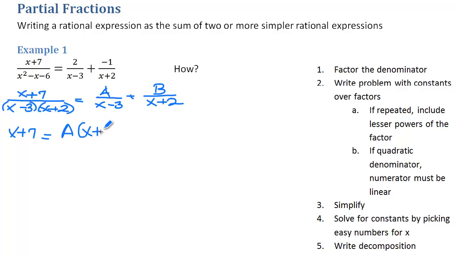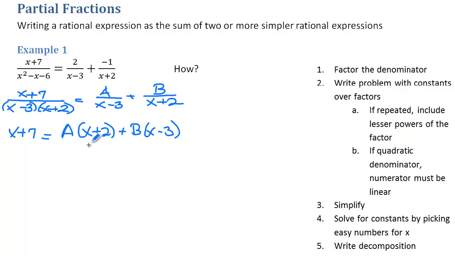The x minus 3's will cancel. And if we multiply B by that common denominator of x minus 3 times x plus 2, B will be multiplied by the x minus 3. Now, before you get crazy and multiply everything out, let's pick some easy numbers for x that are going to make things disappear for us.